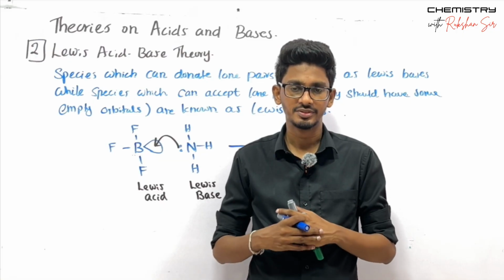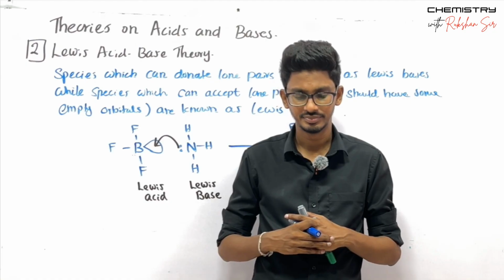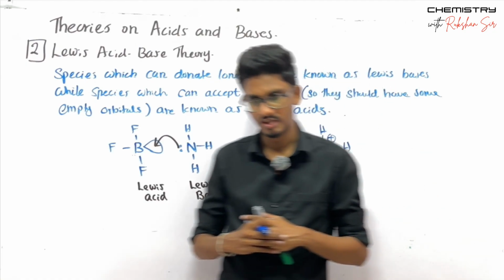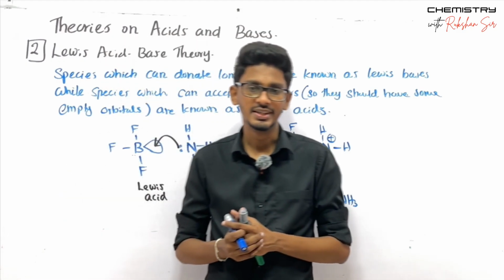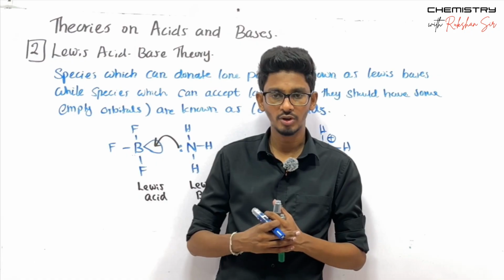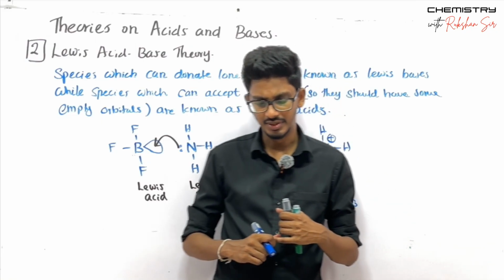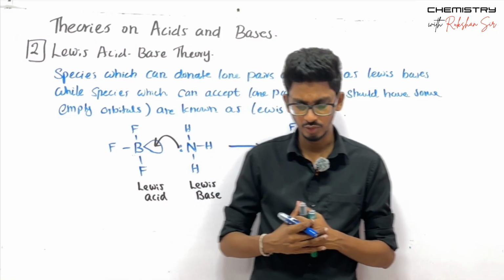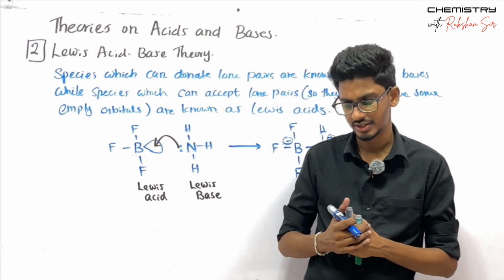With the use of this theory, we can account for the acidic and basic natures of more substances than the Arrhenius theory. With this one, we are able to comment on the basic nature of even water, the OH minus, and NH2 minus.